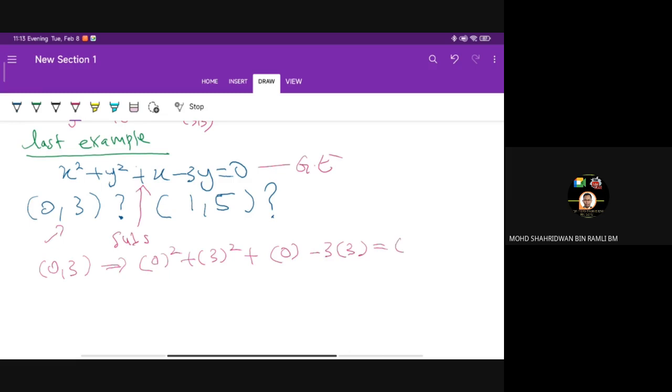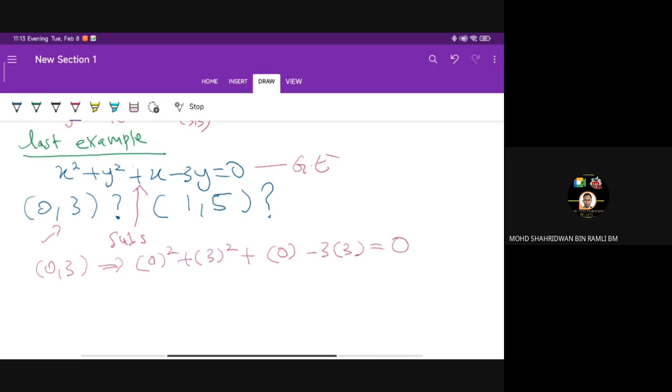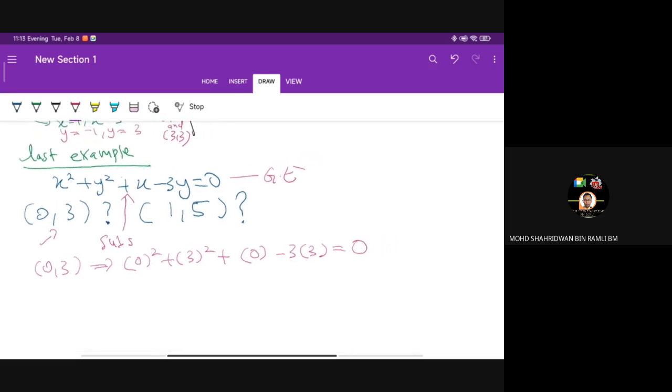So here you will have equal to 0. When it is equal to 0, that means this satisfies the equation. So you can conclude that the point (0, 3) lies on the circle.